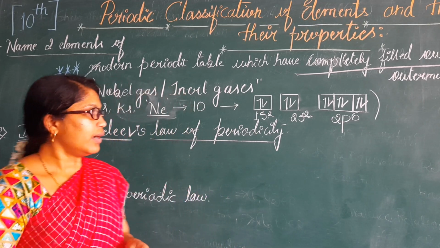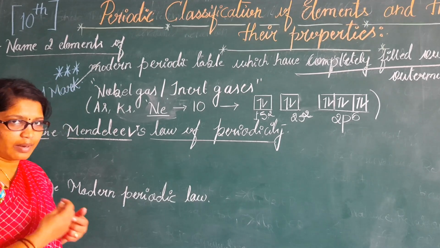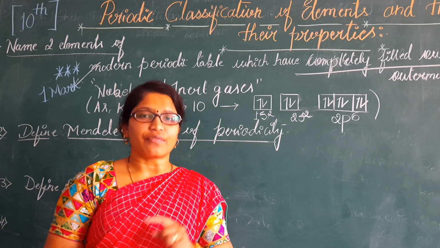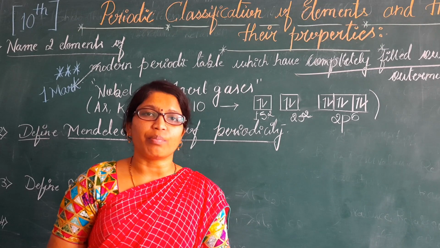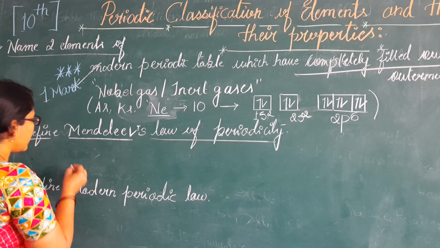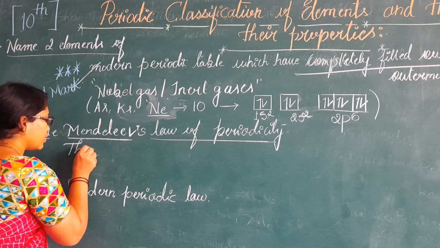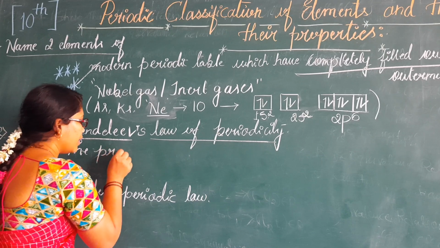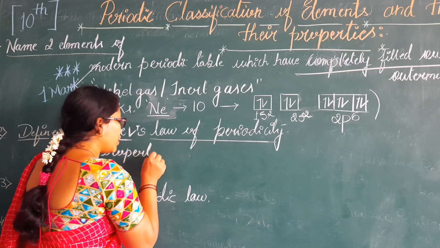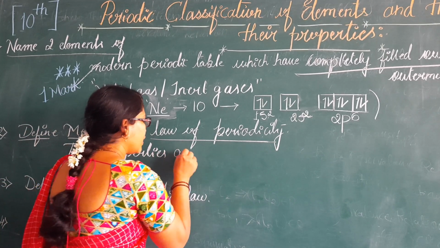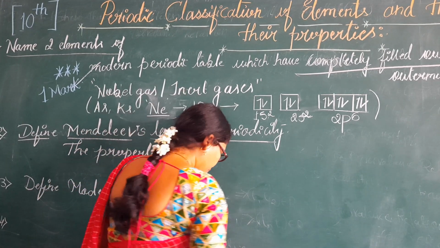So we can write that the properties of the elements are periodic functions of their atomic mass. The properties of elements are periodic functions of their atomic mass.